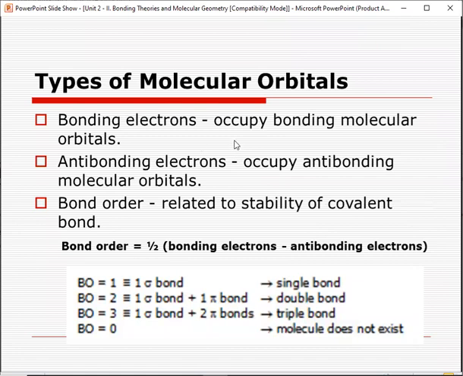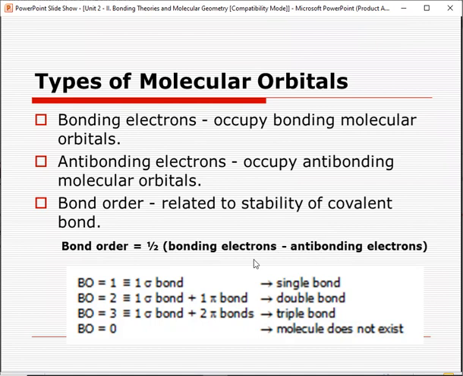Bonding electrons occupy the bonding molecular orbitals, while the anti-bonding electrons occupy anti-bonding molecular orbitals. So bond order is related to the stability of covalent bond. So the formula to get the bond order, you have 1/2 of the bonding electrons minus the anti-bonding electrons.